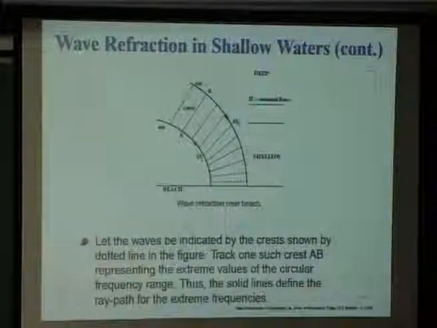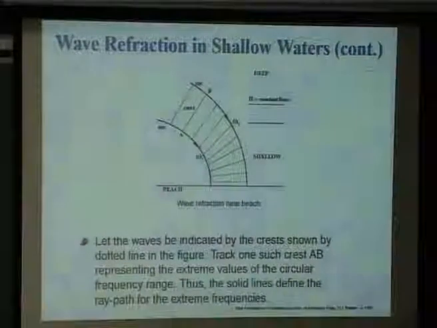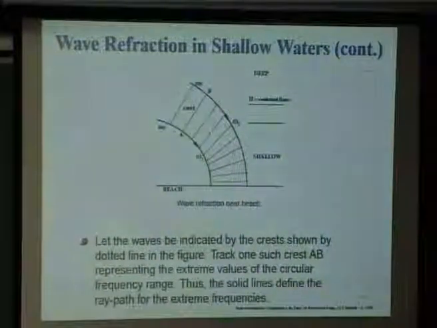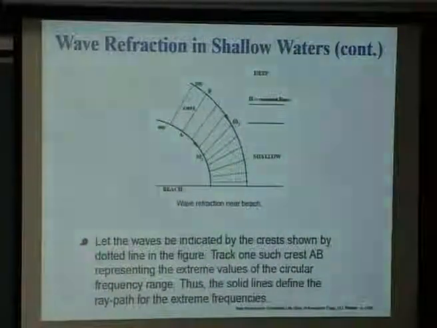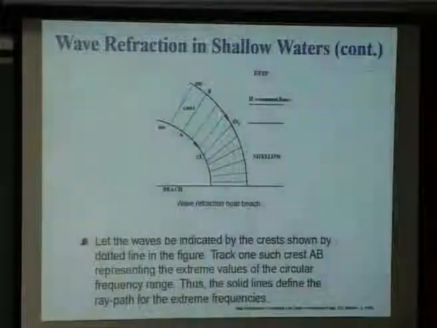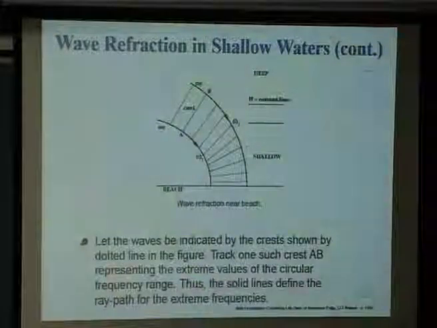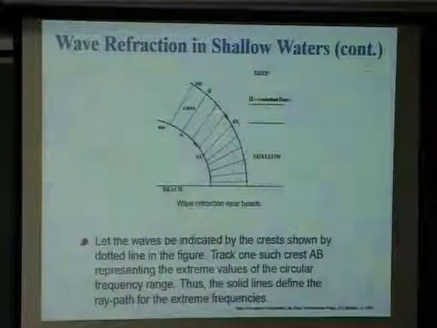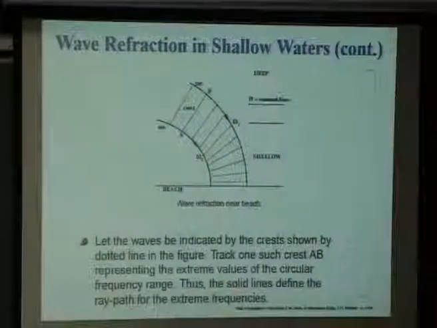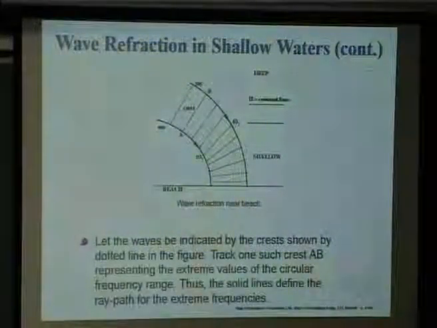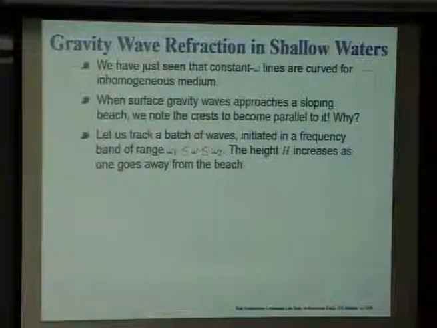If I look at some waves far away from the beach, they would be at an angle. These dotted lines indicate the locations of crest. As these crests approach the beach, they swivel around in a clockwise manner, and when they hit the beach, they become parallel to the beach.